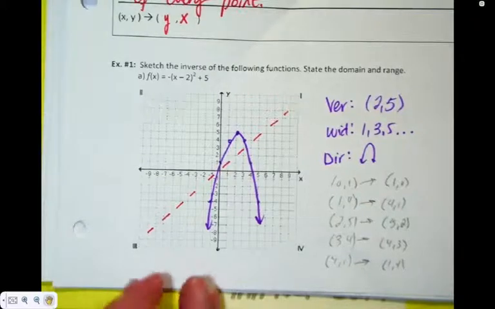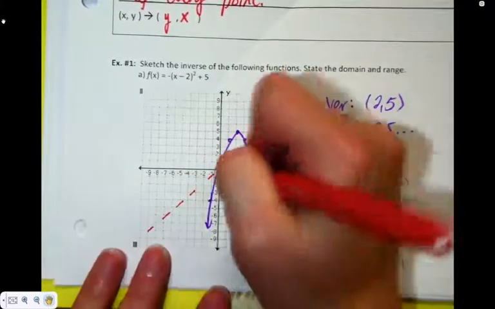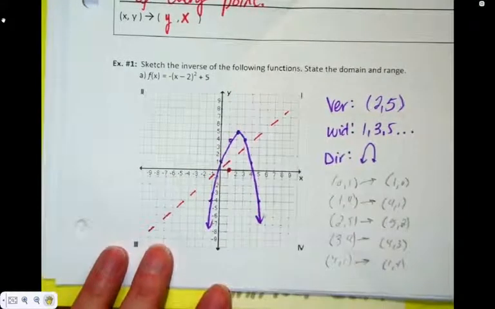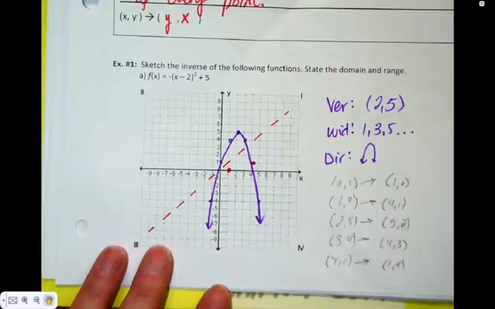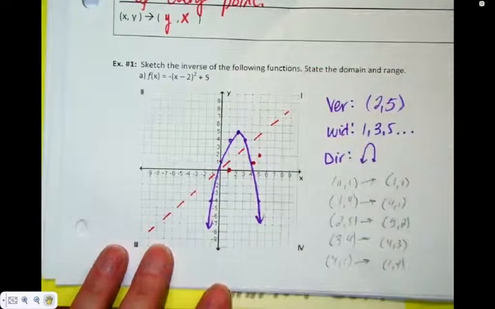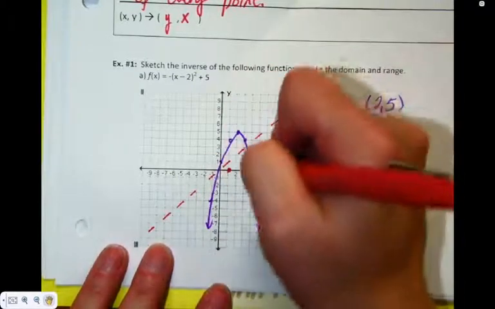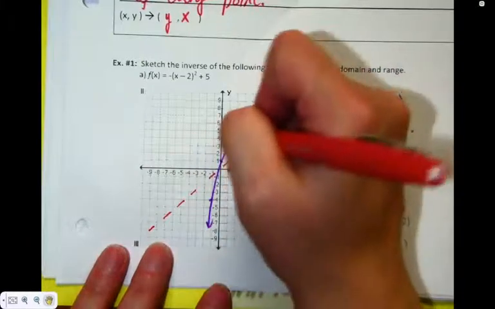If you're just a coordinate person, you can come over here and do the same thing. So in our head, 0, 1 is going to become 1, 0. 1, 4 becomes 4, 1. 2, 5 becomes 5, 2. 3, 4 becomes 4, 3. And 4, 1 becomes 1, 4.